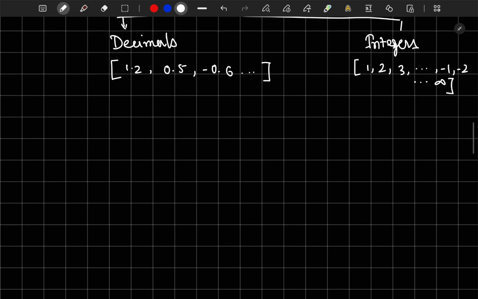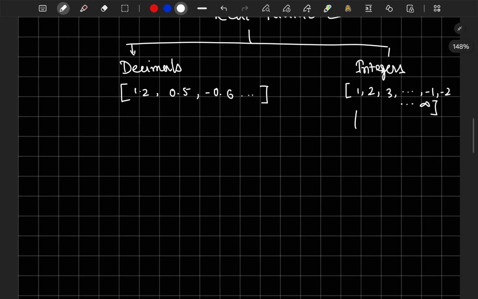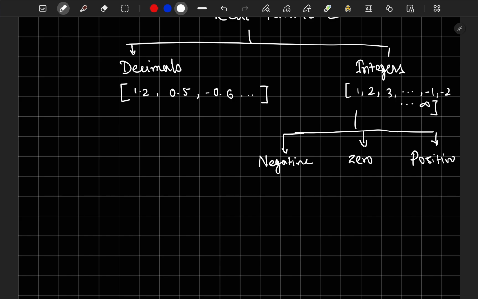So we can classify integers into three major categories. Okay, so integers can be classified into three categories. One is negative integers. Another one is zero. Another one is positive integers.